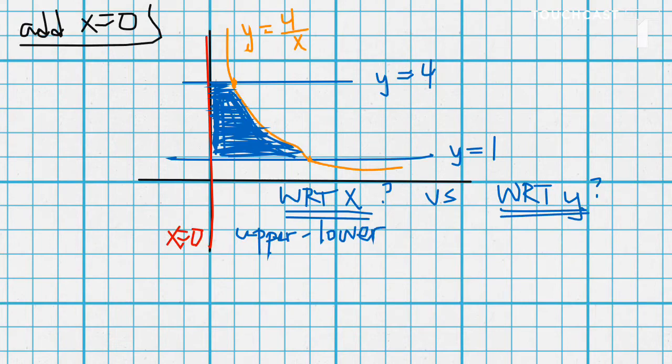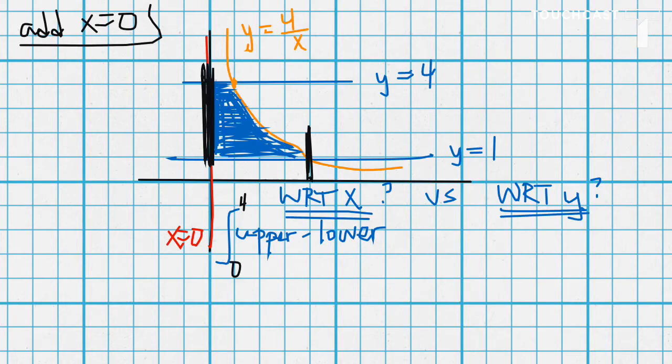and it looks like the boundaries are going to be from the far left, which would be 0, and the far right, which would be 4. Now, here's the only problem.